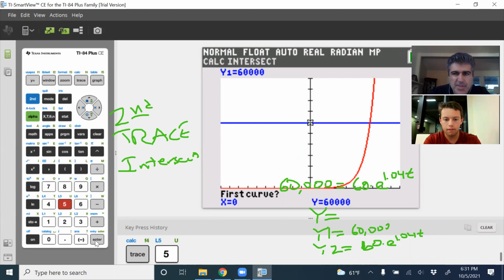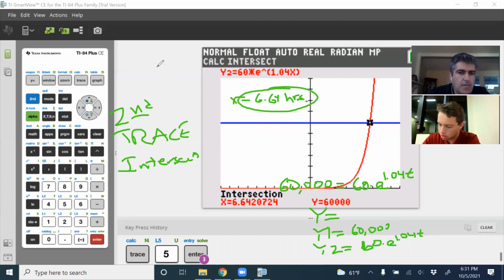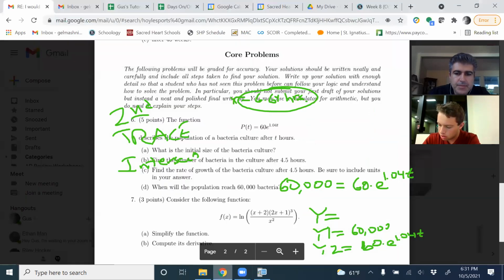After you do that, just hit enter 3 times. It should give you the x coordinate where they touch. You have 6.64? Yep. That's your answer. So it happens after 6.64 hours. That's when the population will reach that much.